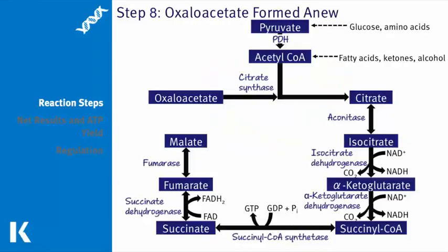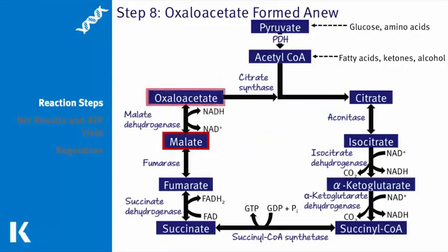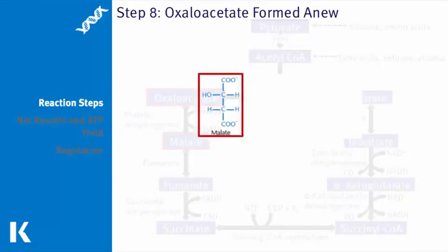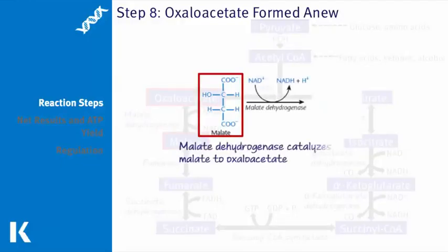And in our final step, we must regenerate the oxaloacetate. In this process, we also produce our final energy carrier. The malate is oxidized by malate dehydrogenase. This produces oxaloacetate. Note the name of this enzyme. This is the same malate dehydrogenase as appears later in aerobic respiration, in the malate aspartate shuttle.